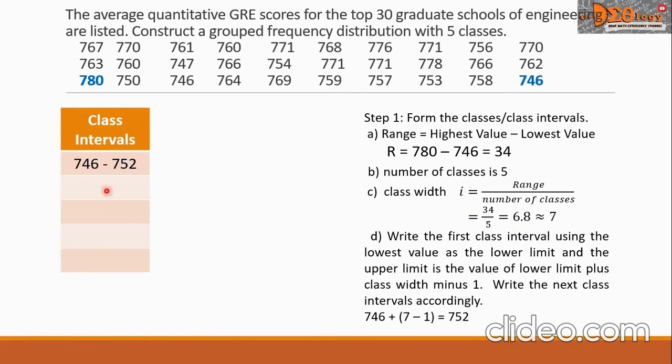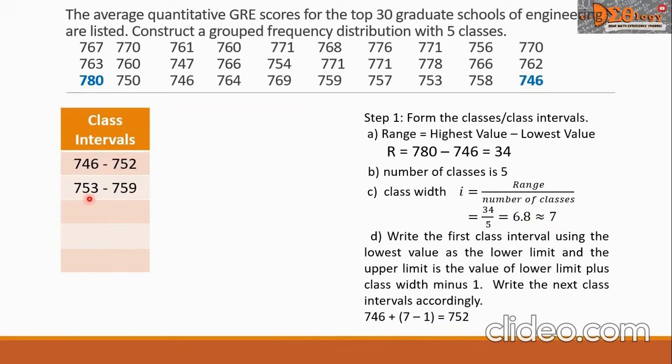And then we will continue to write the next classes. For the second class, we ended our first class interval at 752. So the next class must start with 753.